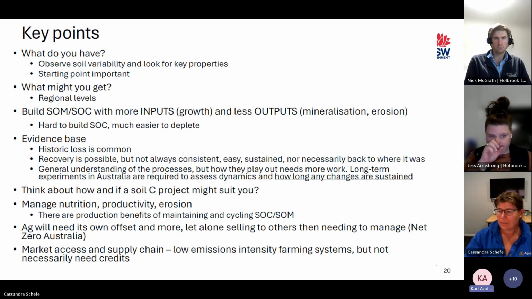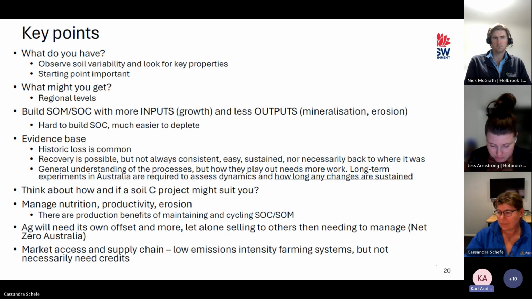A couple of points that some people from other areas have alerted me to: ag is in a situation where there are opportunities of increasing carbon, and that's attractive to other areas that are wanting to offset their emissions. So hence that market. But ag has its own backyard to look after, and coming down the supply chain is interest for low emissions intensity farming systems.